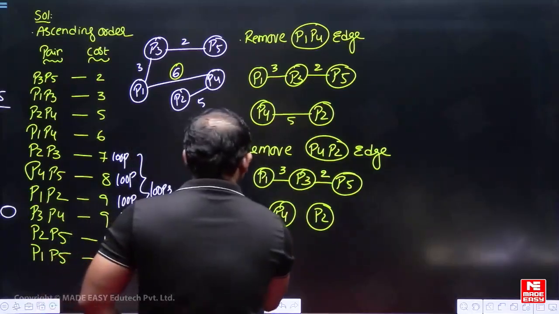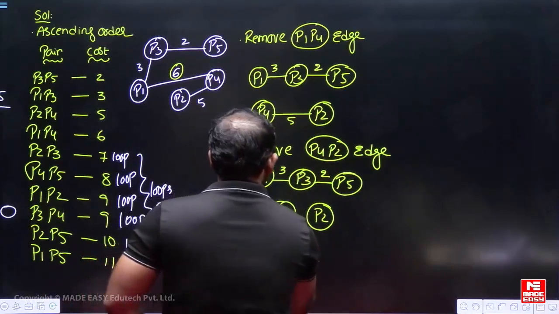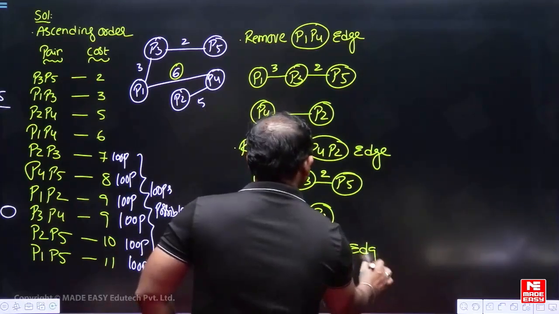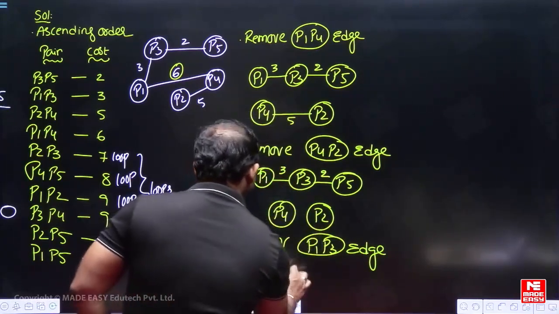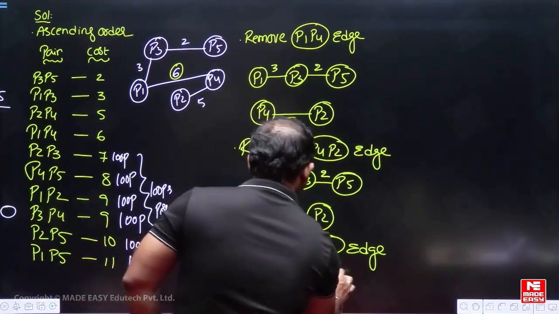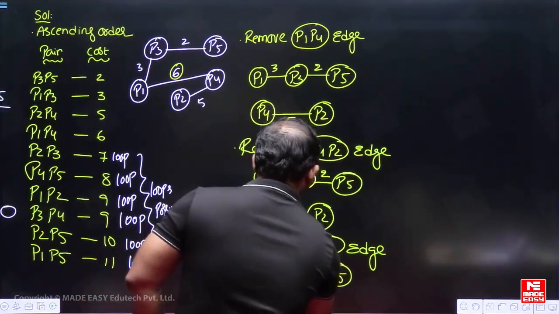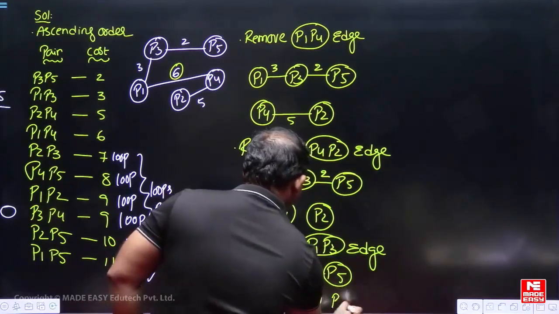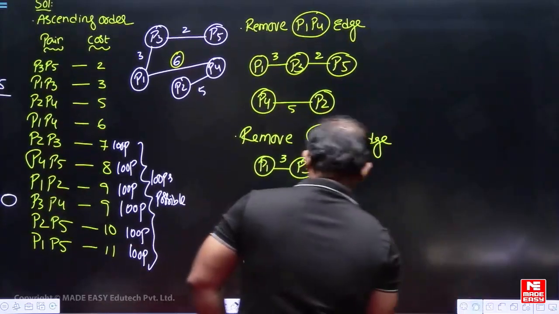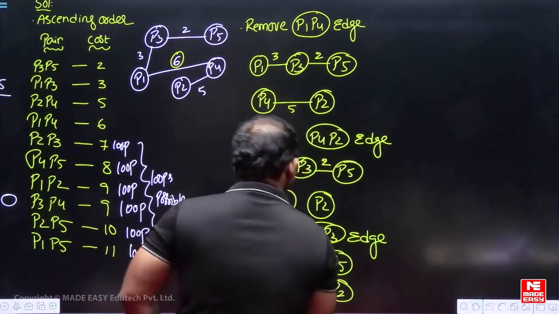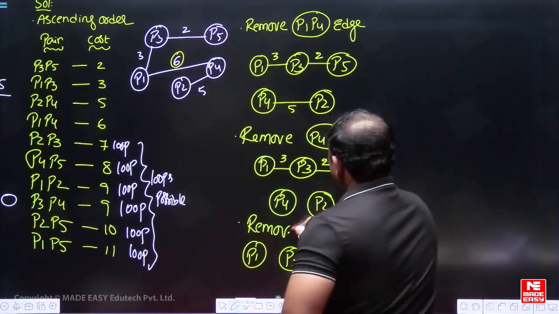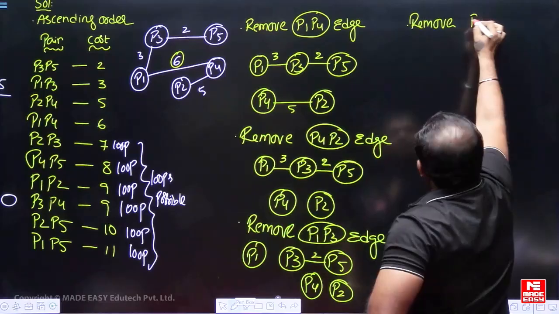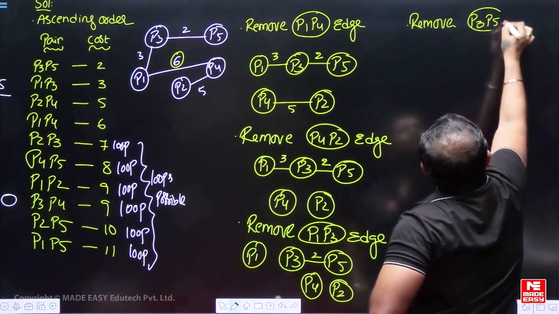Okay, now remove P1, P3 edge. So now P1, P3 removed, therefore here one more edge is there, then P4 and P2. Alright, next remove P3, P5 edge.